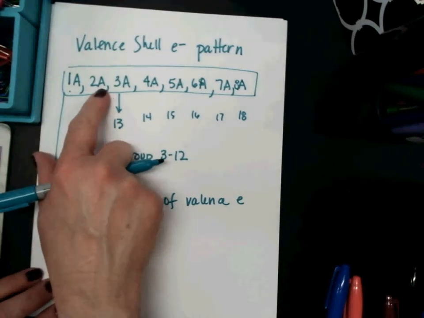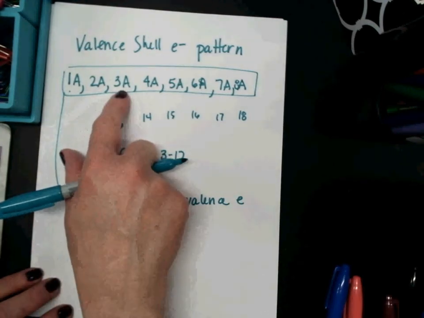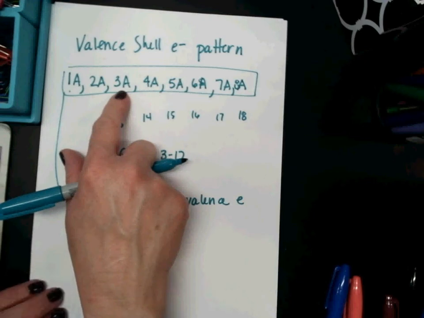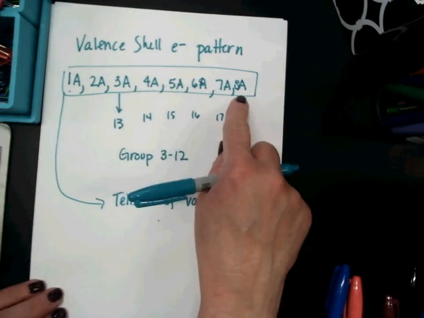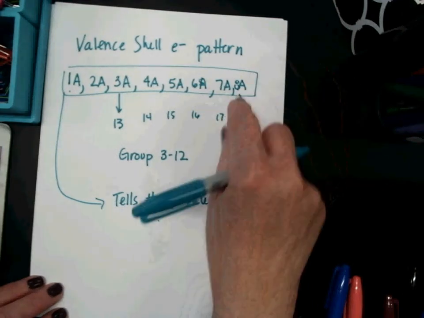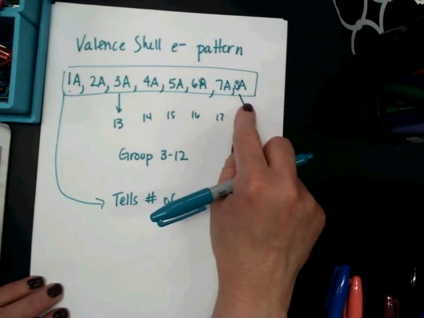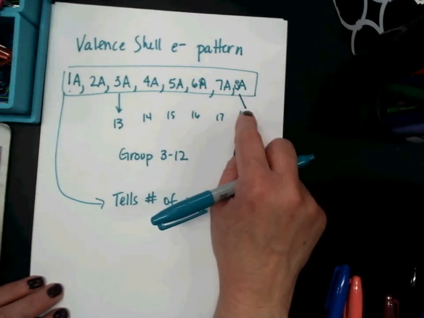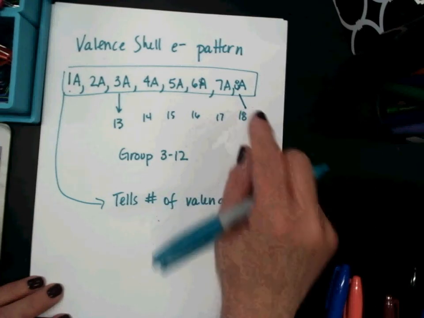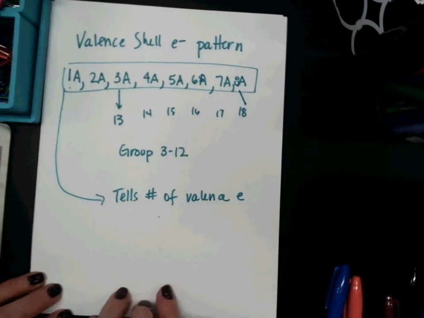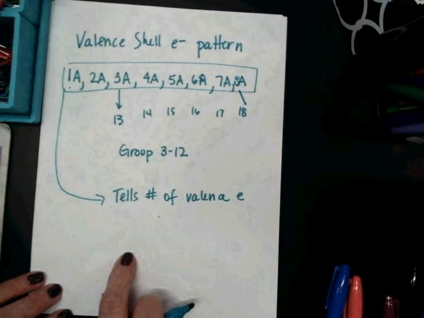Everybody in group 1A has 1 valence electron, 2A, 2 valence electrons, 3, 3, and so on until I get down here to group 8 or group 18, where I have my noble gases, and everybody there has 8 electrons in the outer shell, with the exception of helium, which only has 2 because it only wants to fill its 1s level in its electron configuration.